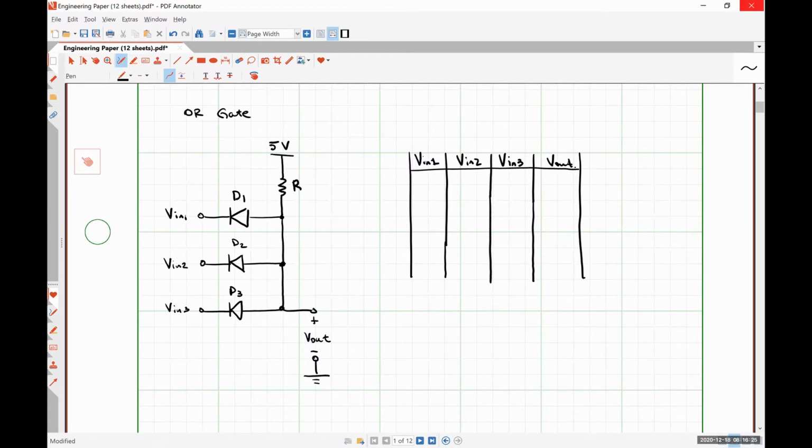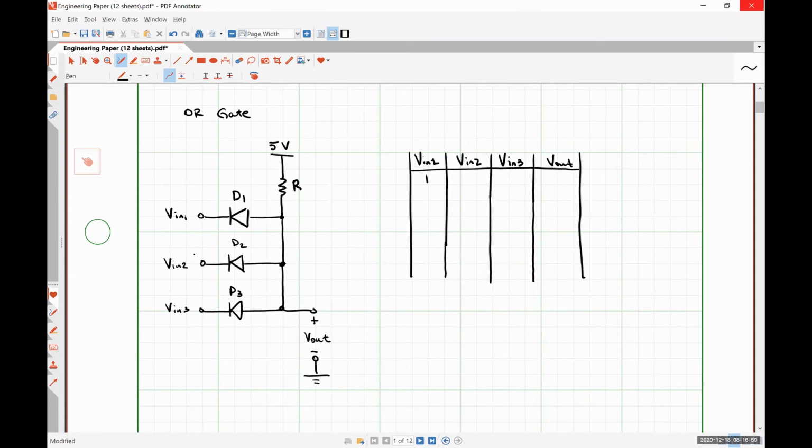So for those of you who are on Zoom, let me explain my logic for this logic gate. All right. So let's say that VN1 was digital high, or 5 volts. Diode 1 would be forward biased, right?